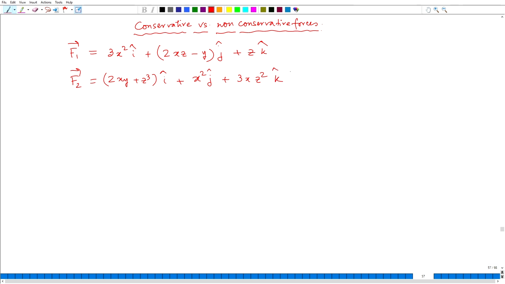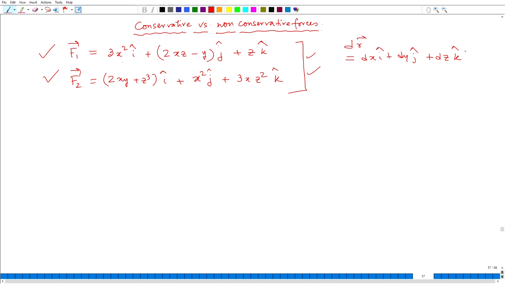I would like to calculate the work done under those two forces, and this time I have given you the force as a function of the space coordinate. So dr is not a problem at all, this is dx i cap plus dy j cap plus dz k cap. We can do this calculation of the work directly, but before that we can check something much more interesting.